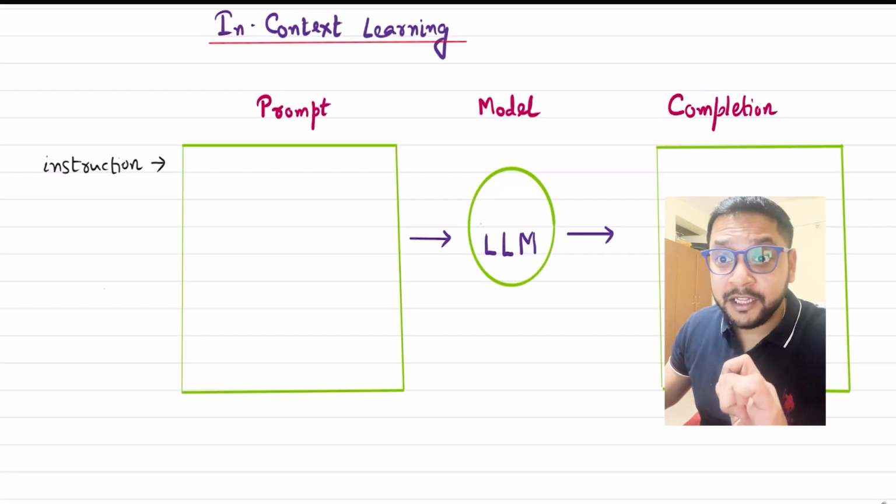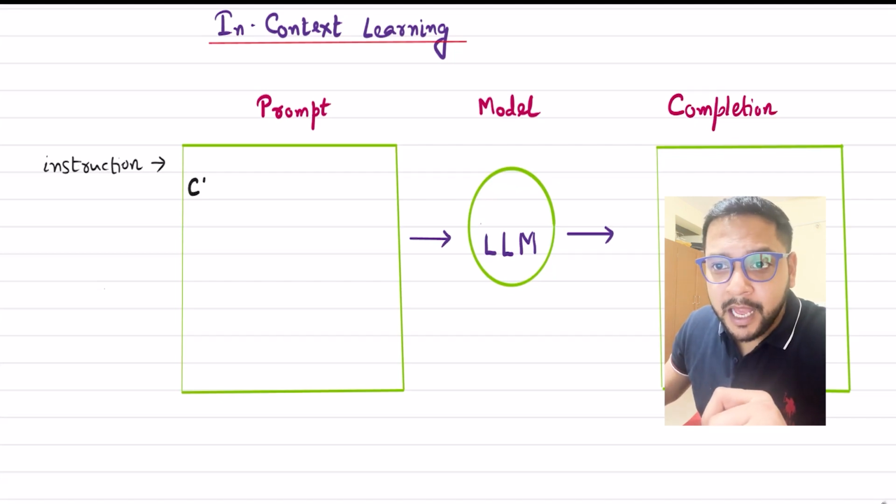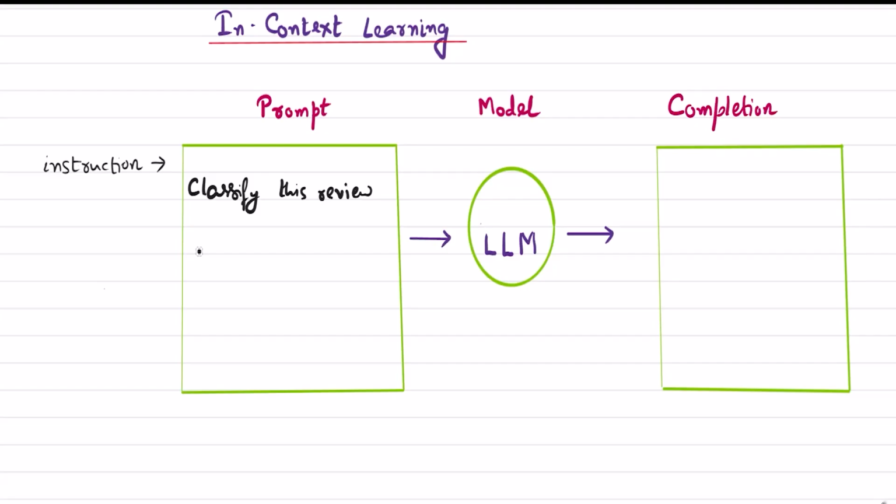First of all, in the prompt we are providing some instruction to carry out. For example, I am mentioning an instruction: classify this review. Within the prompt shown here, you ask the model to classify the sentiment of a review, whether the review of this food is positive or negative.